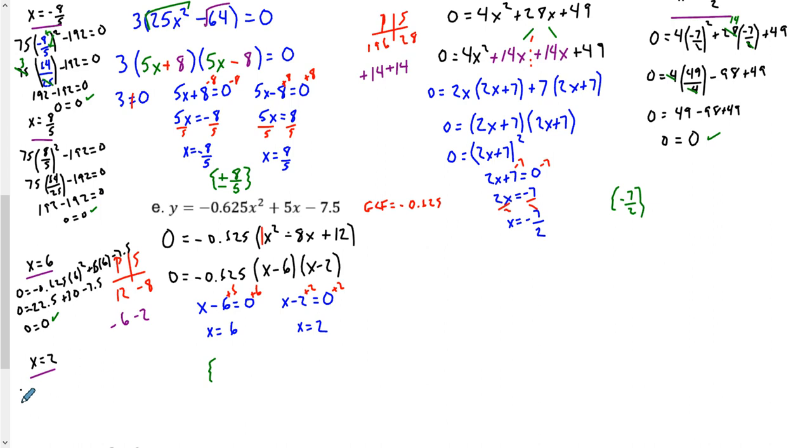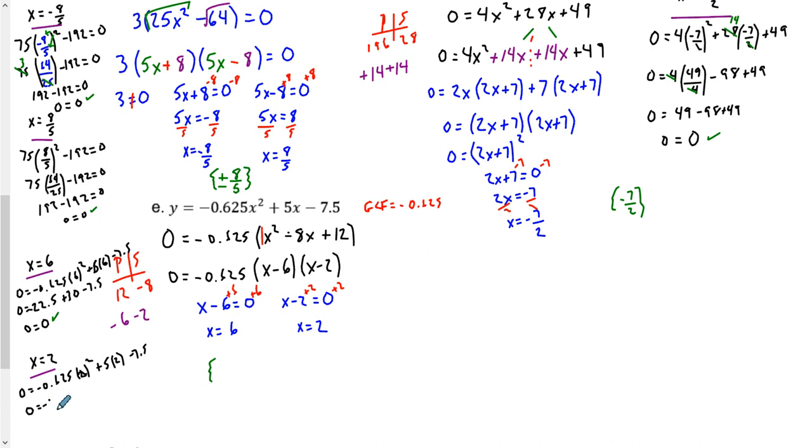If I plug the 2 in, make that a 2. Adding the 5 times by the 2, subtracting the 7.5. Alrighty, 2 squared is 4. 4 multiplied by the negative 0.625.